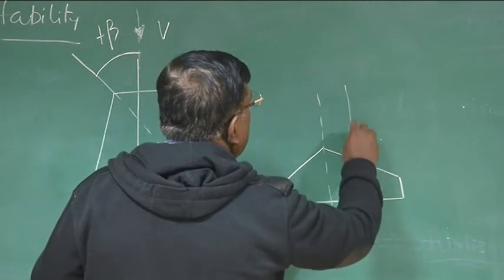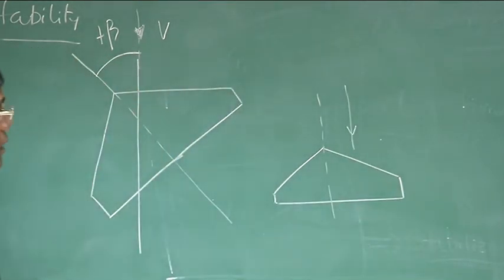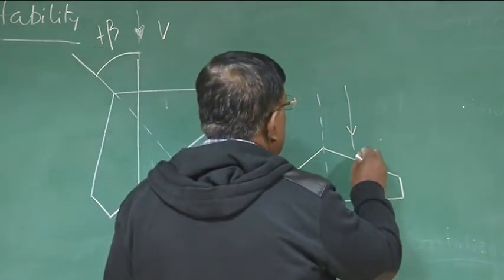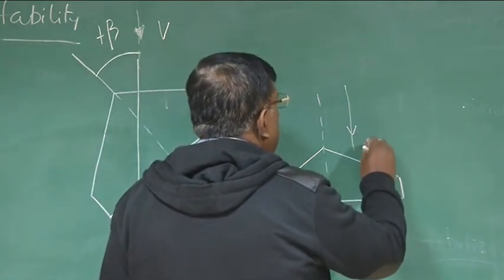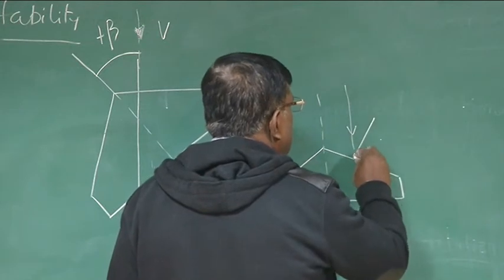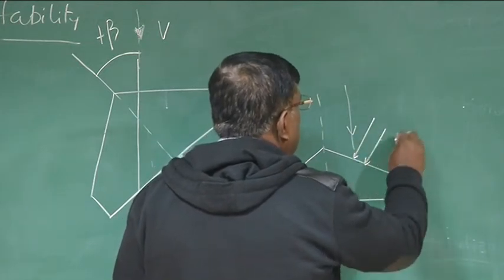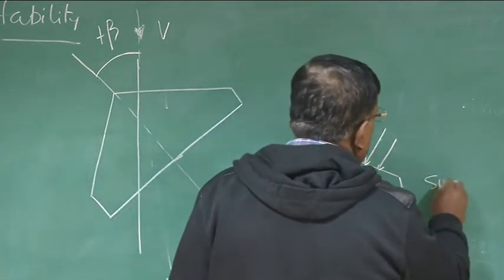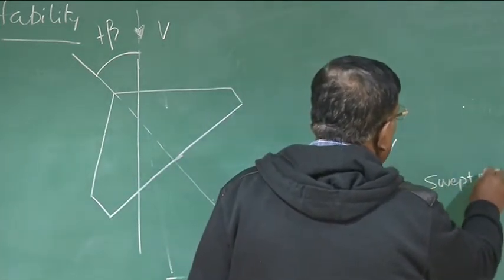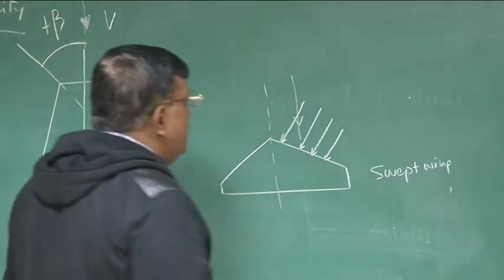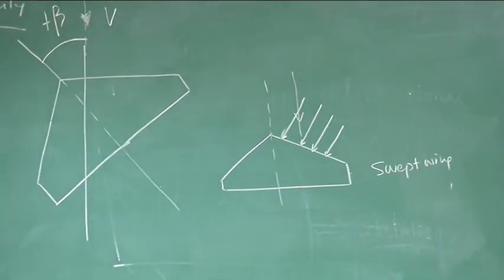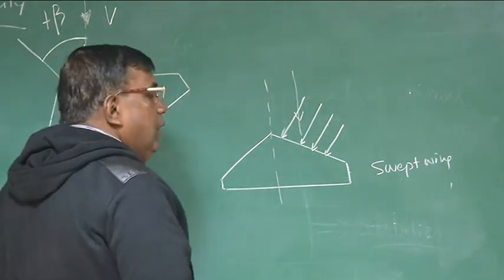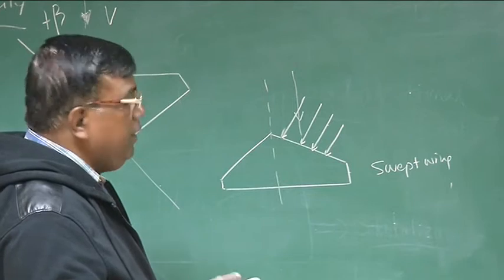If the velocity was going like this, then the normal component to this leading edge, because this is a swept wing, and in a swept wing you get the desired effect through installing the aerofoil contouring in a particular fashion.